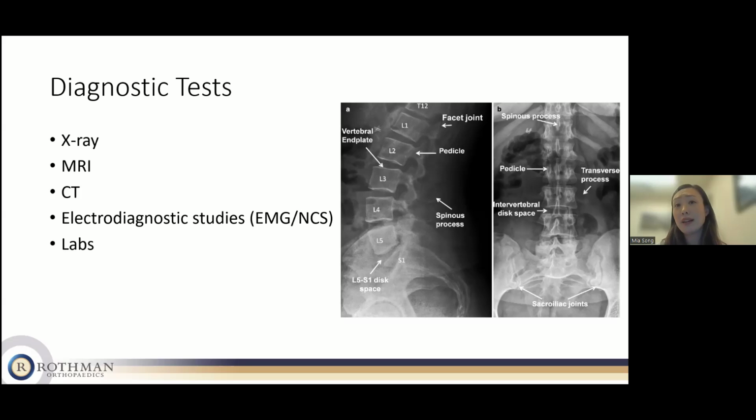It's helpful for patients where we suspect a pinched nerve coming from your back or other nerve problems, to see if there are any signs of nerve injury. And sometimes I'll order labs just to make sure that there's no inflammation or infection or other things that might be contributing to the symptoms that patients are experiencing.